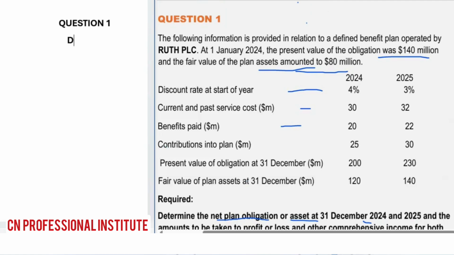So we have the defined benefit obligation, the defined benefit asset, and then we have the net, right?